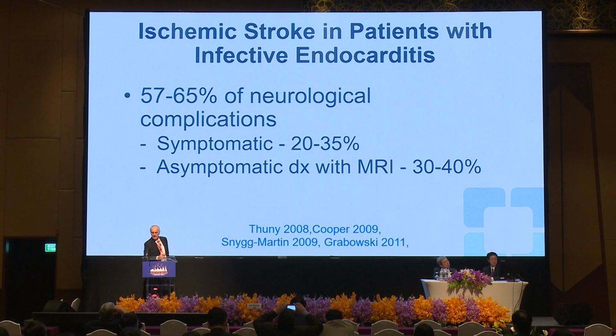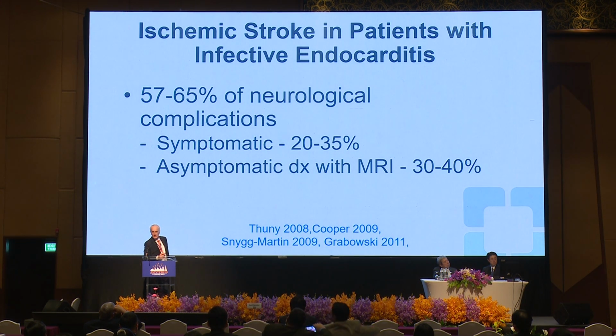Again, many of these are considered asymptomatic, and it's of course always a definition about what is asymptomatic and who says the patient is asymptomatic. Is it the patient, the surgeon, or the neurologist that thinks they are asymptomatic?